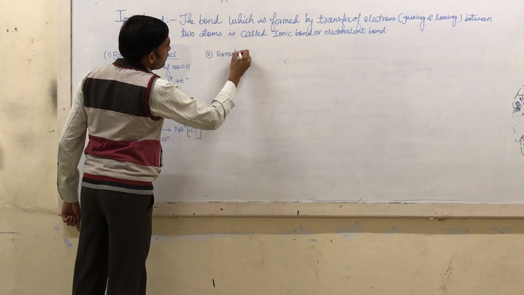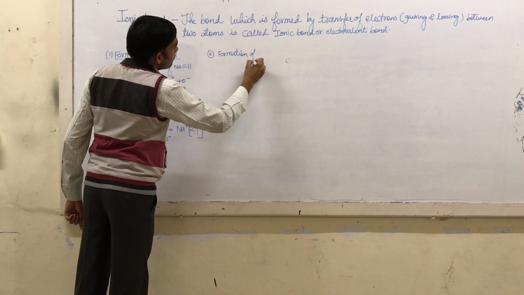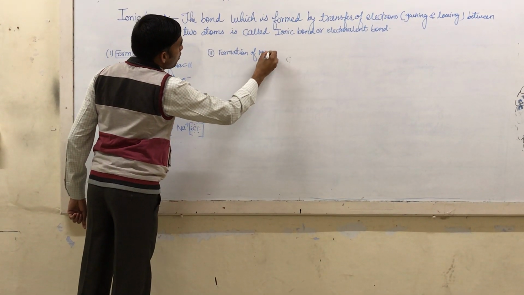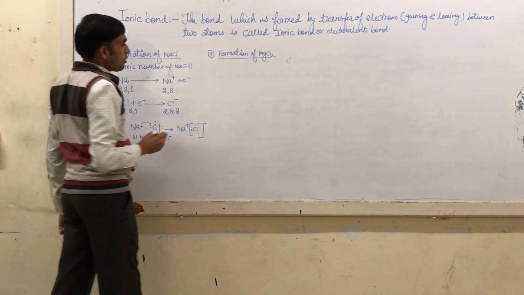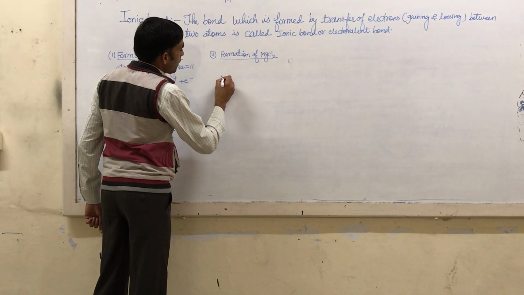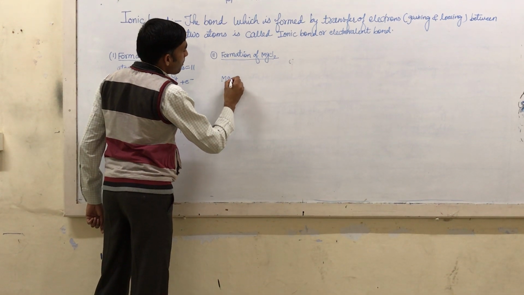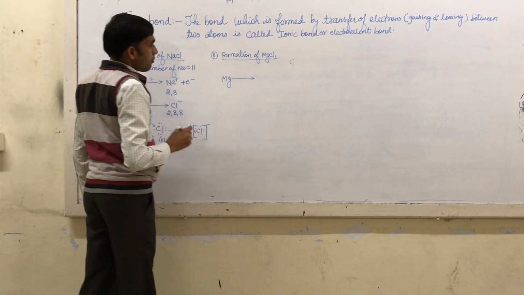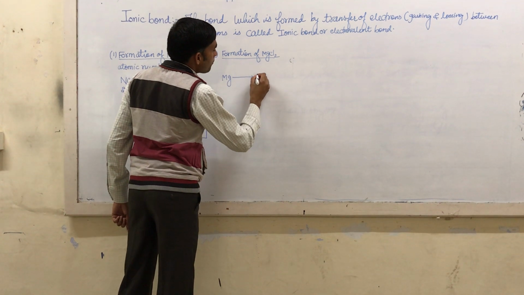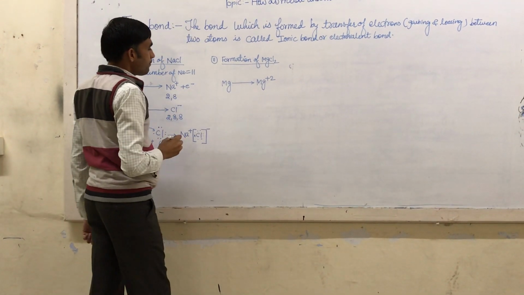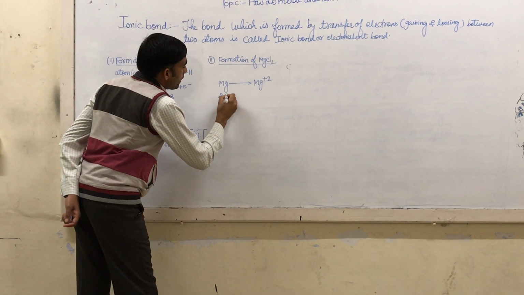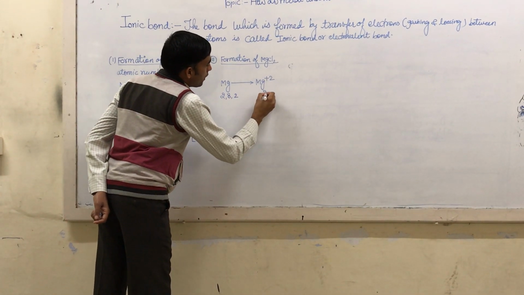Now we will take another example, formation of MgCl2, magnesium chloride. Magnesium has atomic number 12, so Mg, by losing 2 electrons, forms the Mg 2 plus ion, 2, 8, 2 becoming 2, 8.